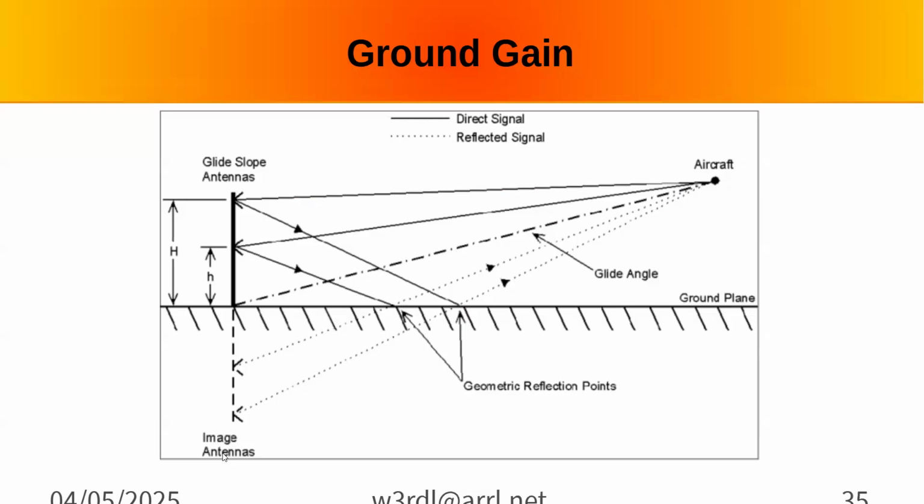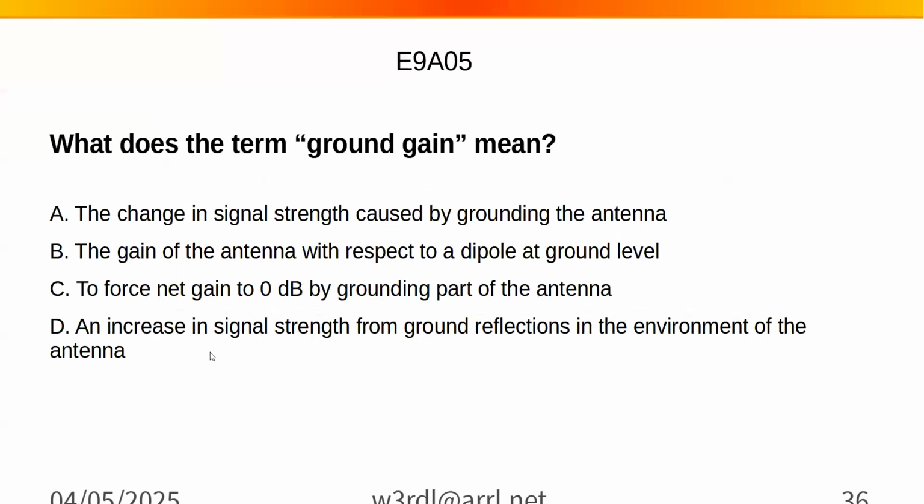And that's the part that normally doesn't radiate unless you put radials out, which now means that bottom element of that dipole is now horizontal. It doesn't radiate, but it can reflect. So what does the term ground gain mean?